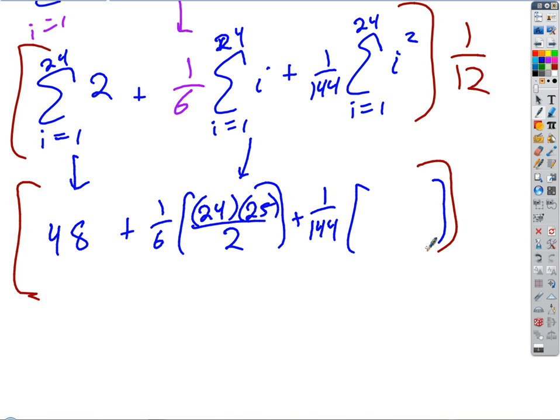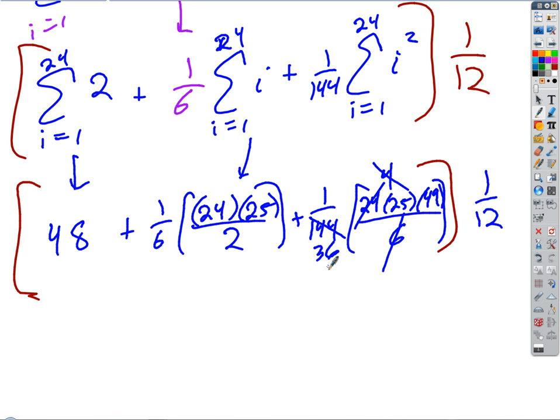Let's see, we're going to get 24 times 25 times what? 49, that's 2n plus 1, over 6, all times 144. And that's just a numerical expression, that's easy to simplify. So what are we going to get here? Let's see, 6 and 24 become a 4. I could cancel the 4 and the 144 would be a 36.